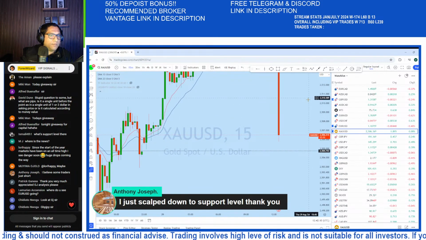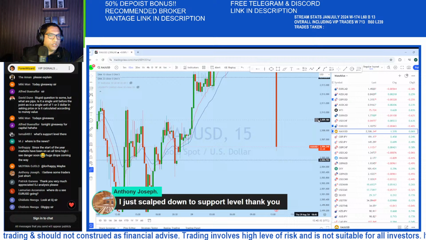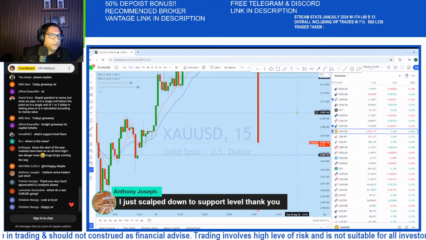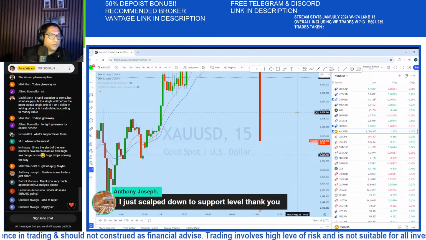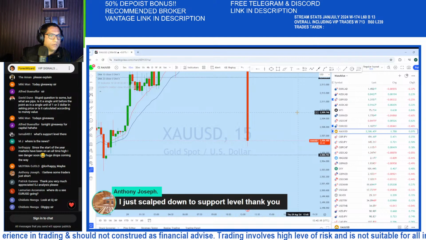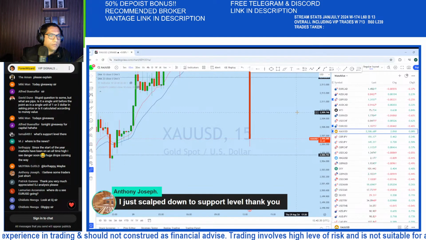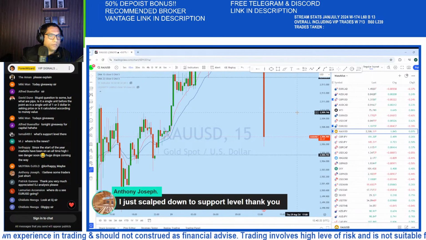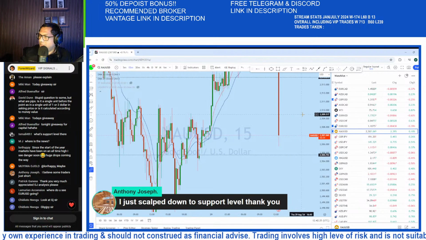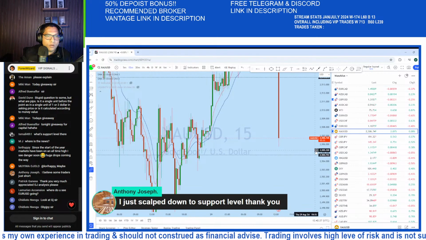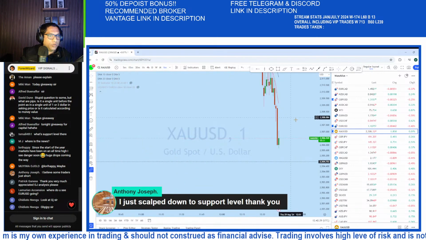You want to see that pullback at the moment on the 15-minute chart. If you want to see that pullback, then we can look for potential entry here.